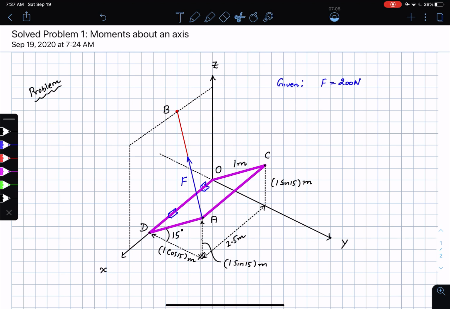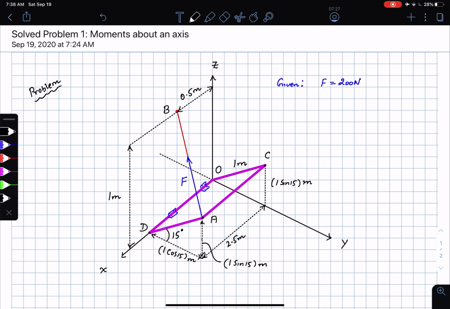Okay, now here is a dimension that I'm given in this problem. Distance from point B all the way along the x-axis. Okay, so this is a distance of 0.5 meters. And then the height of point B from the x-axis is a distance of 1 meter. Of course, not drawn to scale, as you can very obviously see.